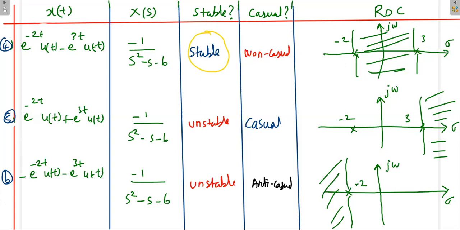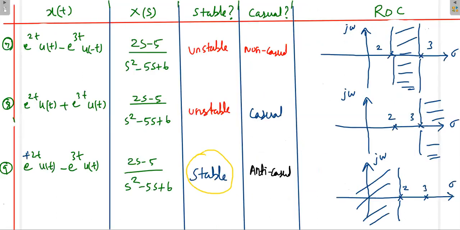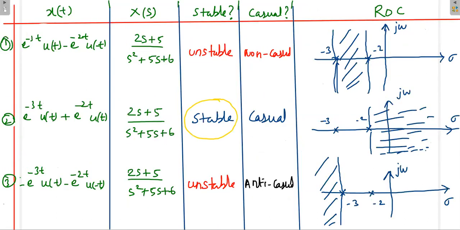This is one of the main first properties, so I have tabulated it here. If the ROC is not including the j omega axis, whenever the ROC is defined for an x of s, definitely that system is unstable. For stability, this is the strict condition: for systems to be stable, the ROC must include the j omega axis. Next we'll concentrate on causality.